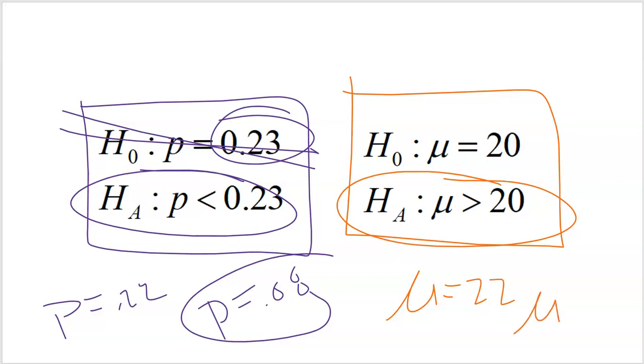But if the mean is 40, right, something way above 20, well, then if the mean really is 40, and I get a sample, well, the sample should show me that, right? The sample should show me that it's way more than 20, hence allowing me to reject the null and go with the alternative. So two ways to get more power: bigger sample size, and if the true parameter is further from the null, then it should be easier for me to see that.